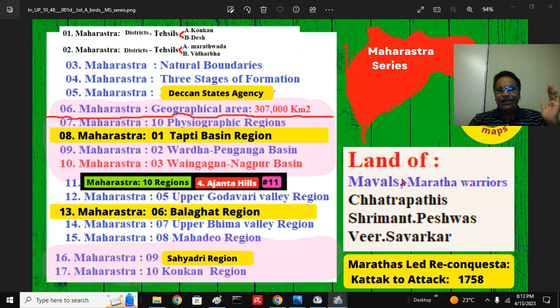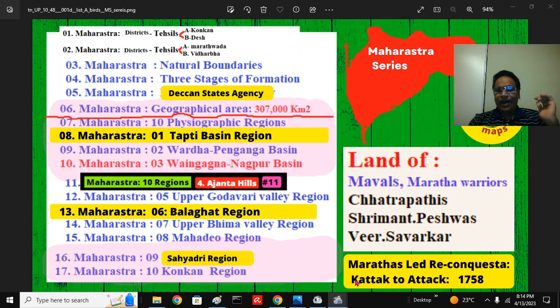It is the land of Mavlas, the initial falcon soldiers of Shivaji, and Maratha warriors, the land of Chhatrapati emperors, and Srimant Peshwas, the first ministers of Chhatrapatis, and Veer Savarkar, great freedom fighter, who passed away around 1964 or so. Marathas led the reconquest of Bharat against Islamic imperialism, and they won Punjab, the Paschim Punjab.